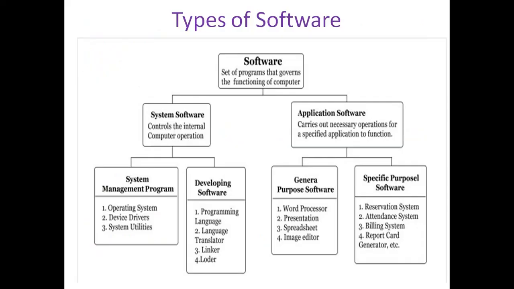Now let's focus on the types of software. In all previous studies, there were mainly two types of software: system software and application software. The system software was used to control the internal computer operation. The best example for this is the operating system.